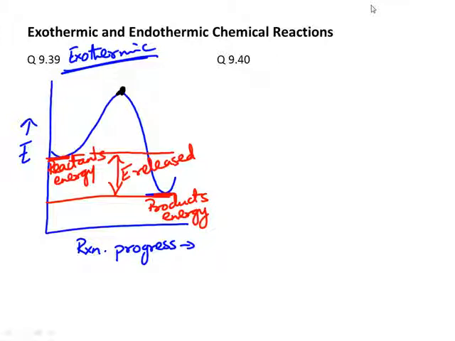The energy needed to reach the peak is the activation energy, also known as EA. That's the amount of energy that will initially have to be absorbed, and then all the others will be released so that there is a net release of energy for exothermic reactions.